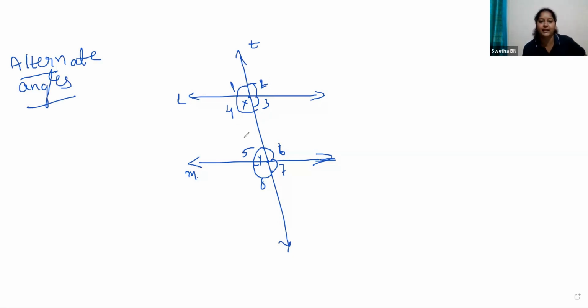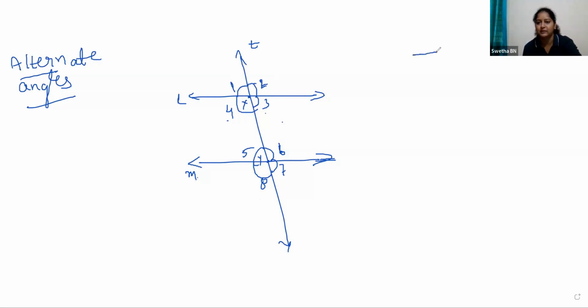So which are interior angles here? Inside the two lines, angles 3, 4, 5, 6. These are interior angles. Exterior angles are 1, 2, 7, 8. Those are exterior angles.